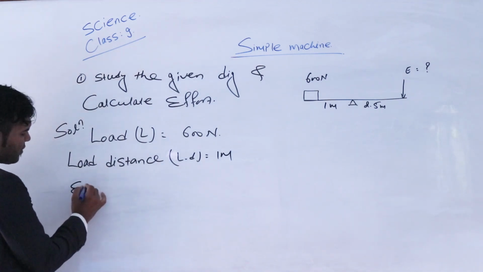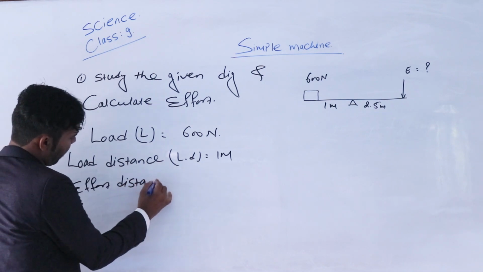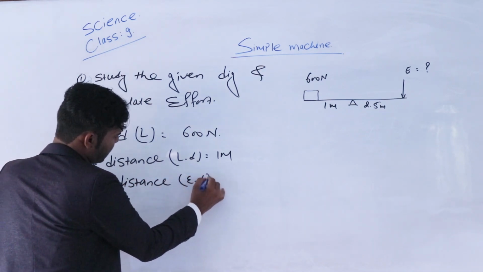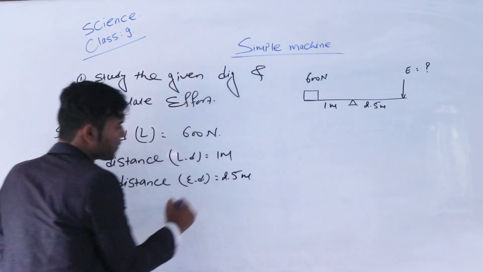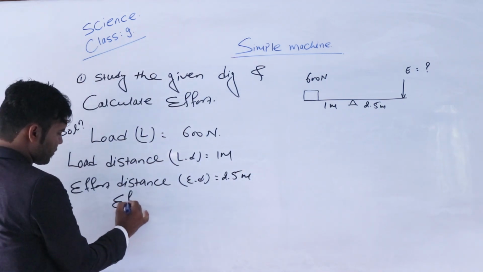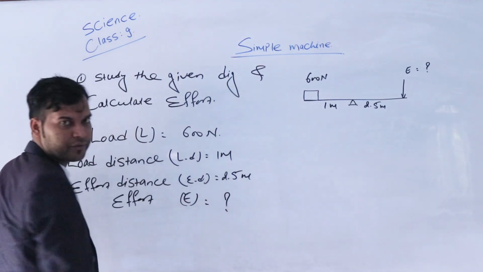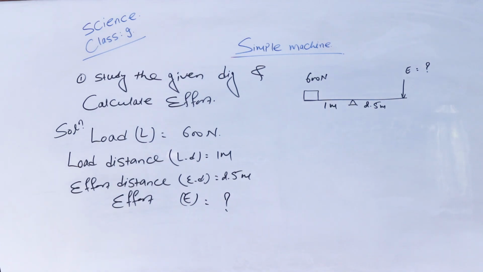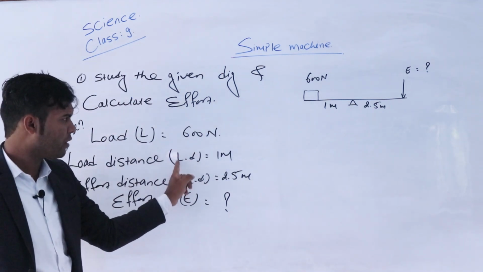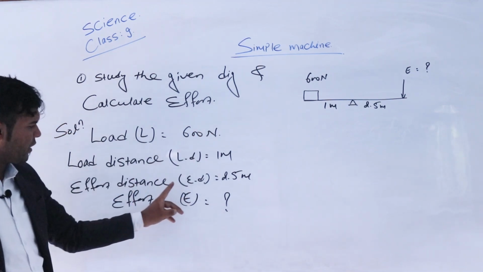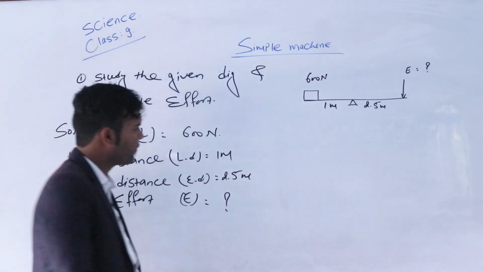Effort distance ED is equal to 2.5 meter. Effort E is equal to what? You are clear? Look at the diagram. Load is 600 Newton, load distance 1 meter, effort distance 2.5 meter. Effort is equal to what?